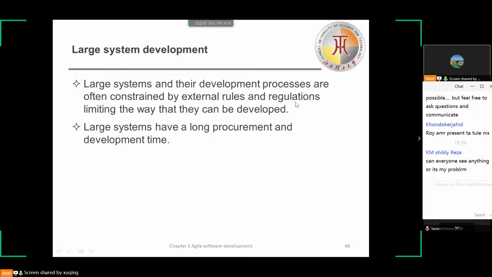But for small system development, normally it takes a shorter period, and we may keep the same staff. And for the first point, as we have many external rules and regulations, perhaps we will require different types of system documentation. And documentation for agile methods is not as important as in plan-driven methods.